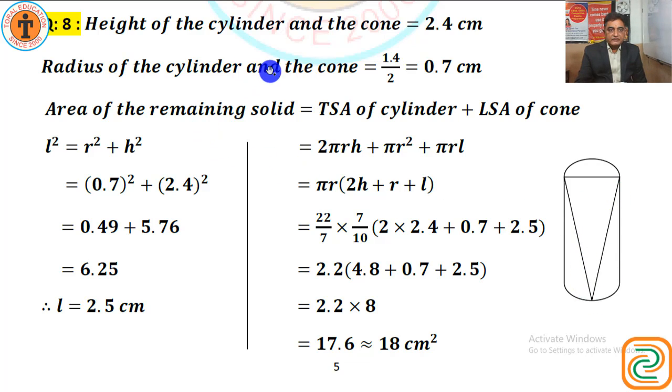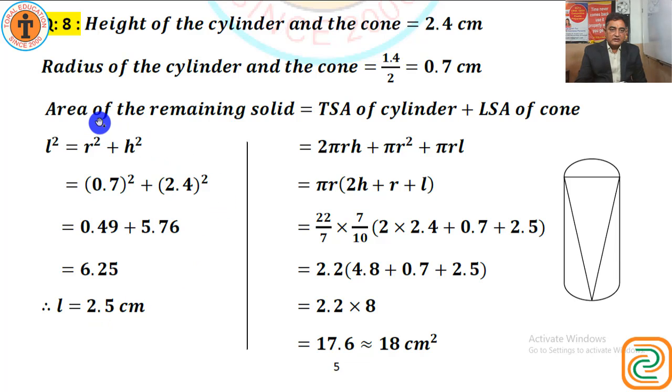First of all, the height of the cylinder and cone is 2.4 centimeter. The radius of the cylinder and cone is 1.4 by 2, that is 0.7 centimeter. Now first we have to find out l. l square equals r square plus h square. We have found out l equals 2.5 centimeter.